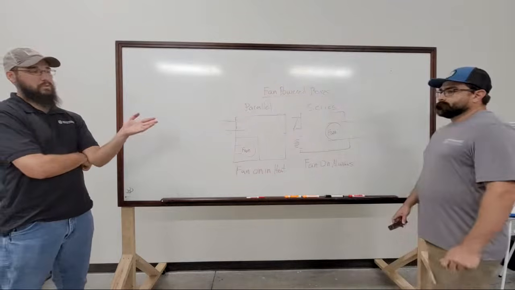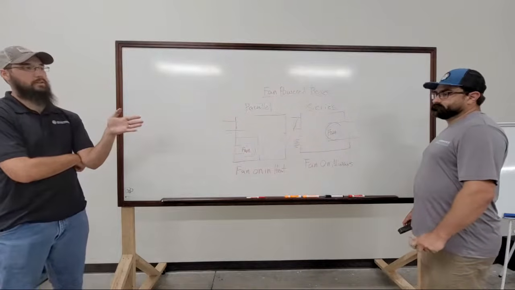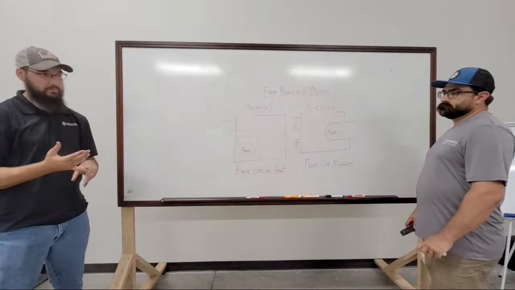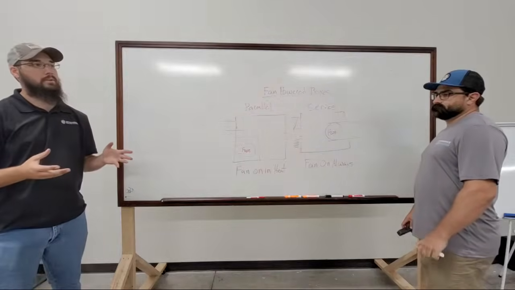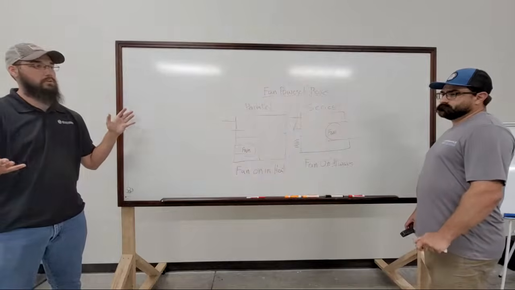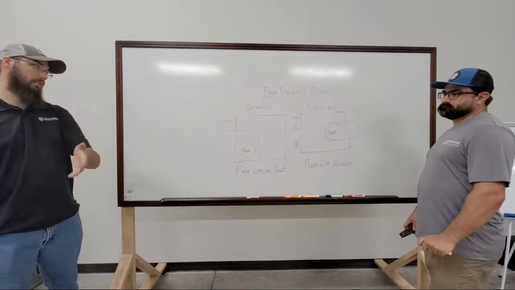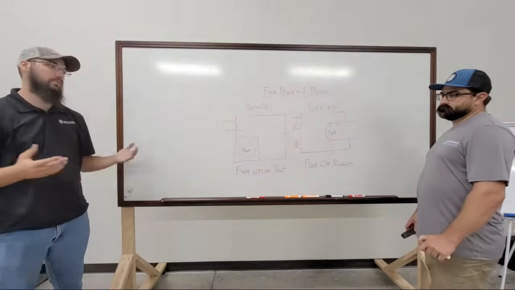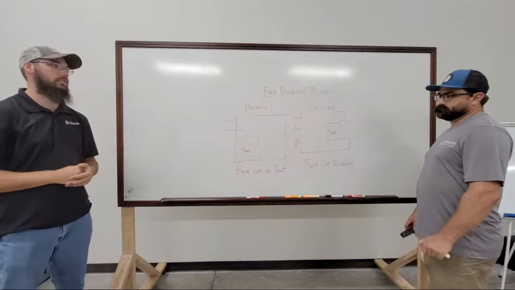In the vast majority of cases, those fans are typically an ECM design in a series setup. So you can have that ECM fan running at just a couple of tenths of an amp at proper load. And if you've only got 24 of those, you're talking a handful of amps, whereas if you can downsize a motor from needing a 60 horse to a 40 horse by having series terminals, it is a huge energy savings at that point.